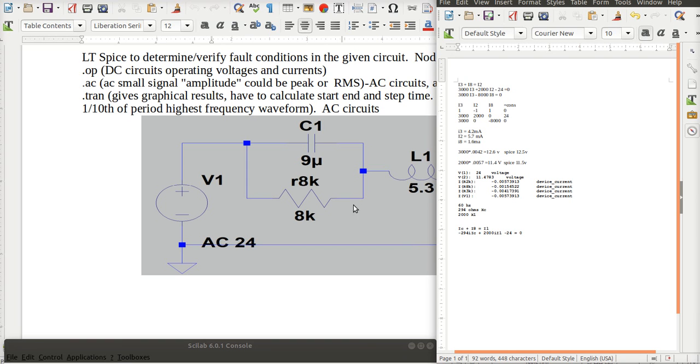So if I write that equation, similar to the one up here, I get minus 294 IC minus 8000 I8 equals 0.